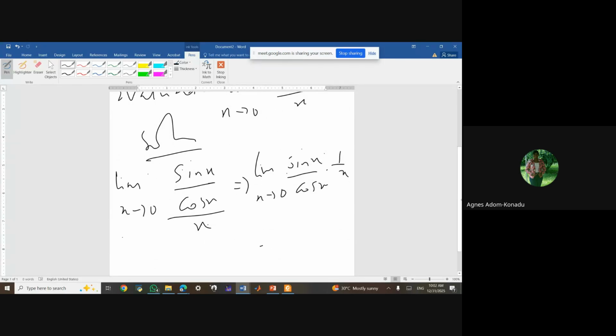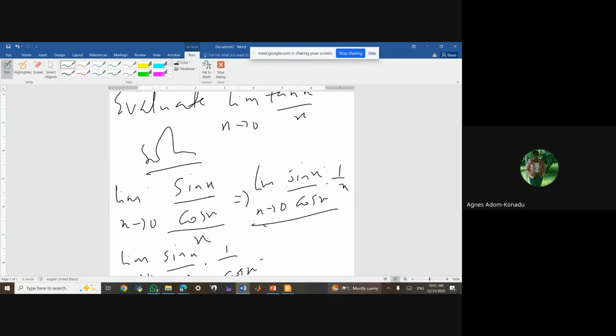So this is the same as the limit as s approaches 0 of sin x over x times 1 over cos s. Is it correct that this can be written like this? Yes, please.